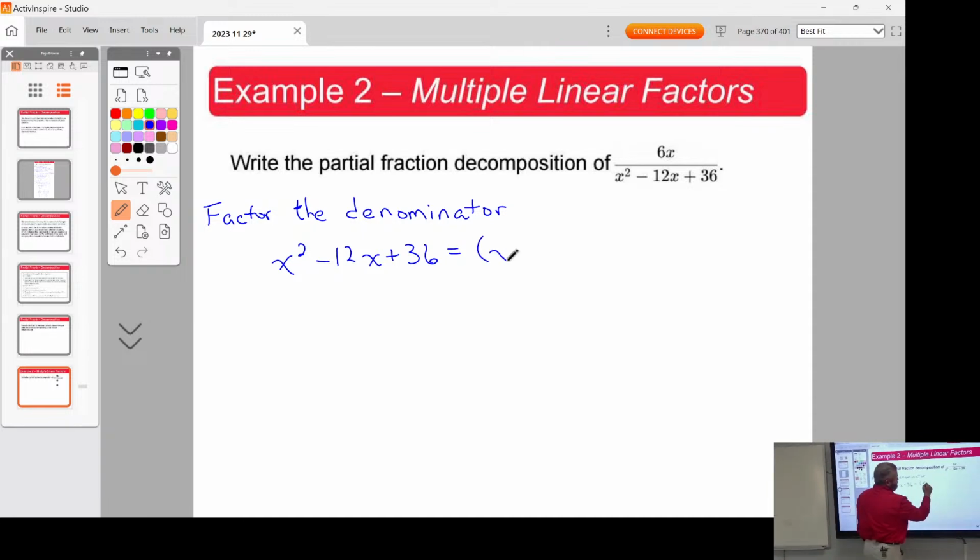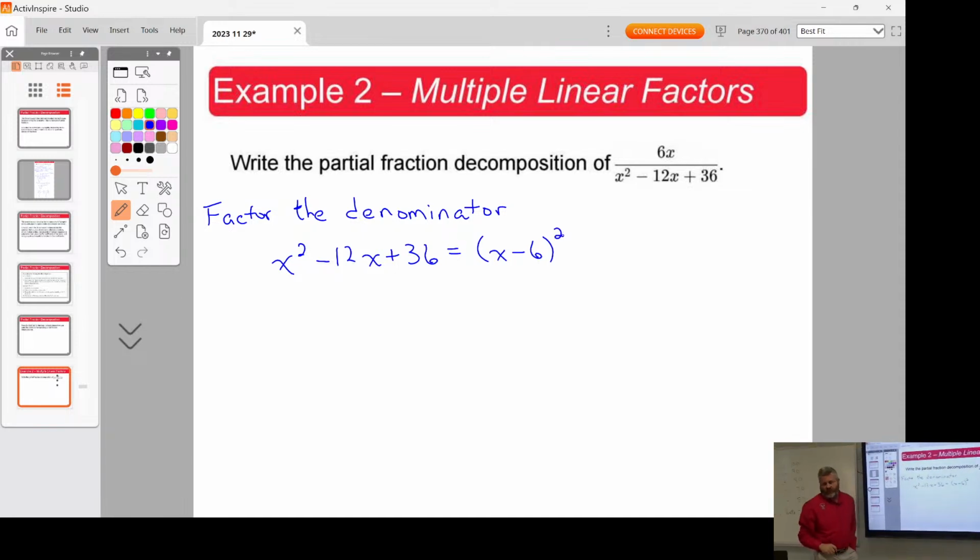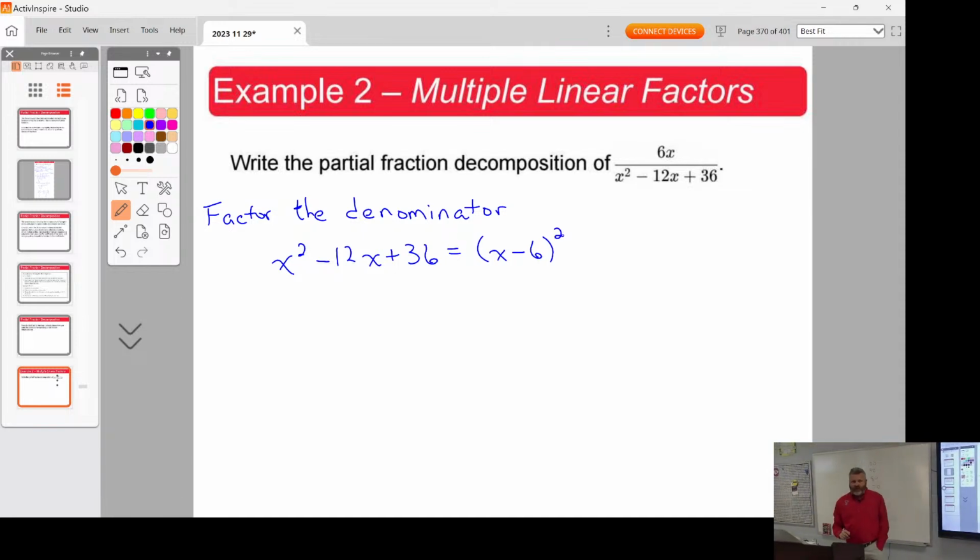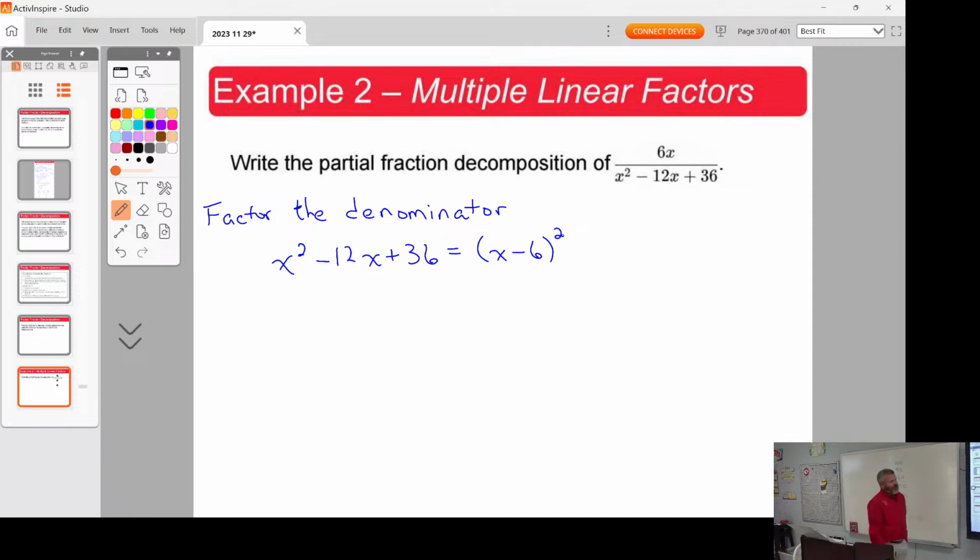So this factors into x minus 6 squared. Again, it is two factors. We must have two fractions. However, the denominators can't be the same. Well, how's that going to work? Okay, so this is where we're going to get creative.